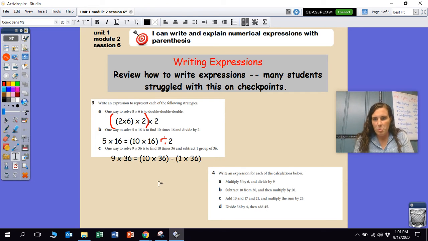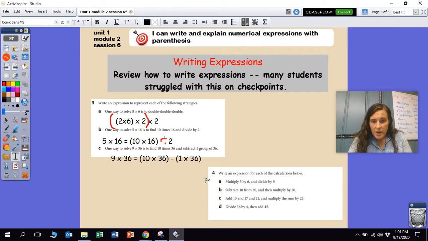It's the same thing, a group of 36, because 9 is 1 less than 10. So we can round up to 10, subtract a group off, and get to our answer super fast rather than finding 9 times 36. 10 times 36 is 360, and then I can just subtract 36 from that to get to my answer faster. Your 5 is half of 10, and your 9 is 10 minus a group, since it's 1 less than 10.